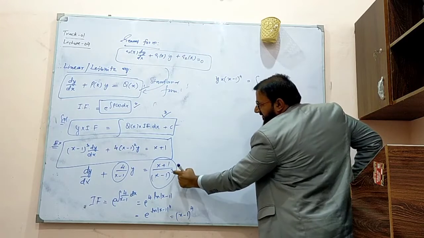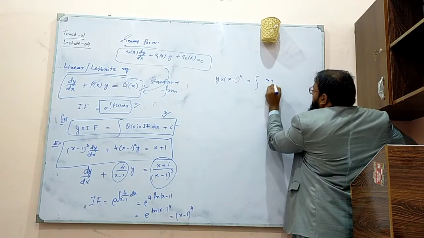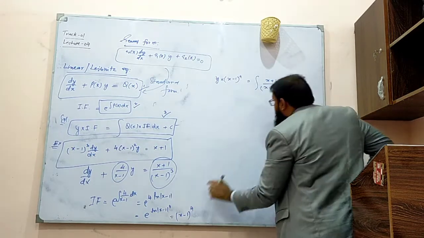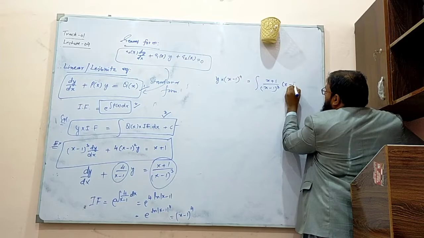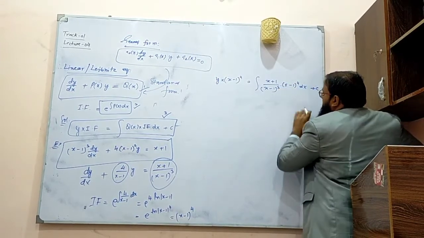What is q of x? Q of x is always this: (x plus 1) over (x minus 1) whole cube, times this (x minus 1) whole power 4, dx plus c.